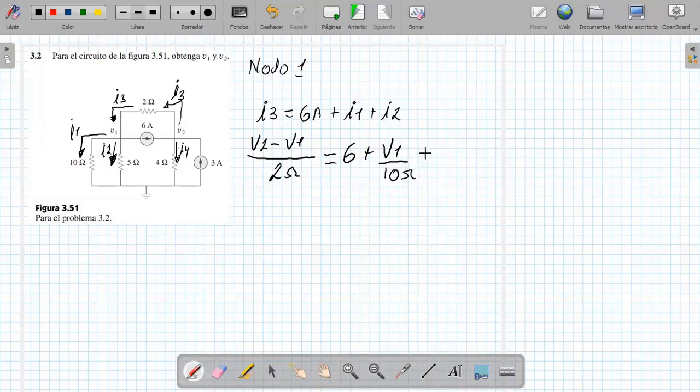We could omit the units and in the end we put them here in the result. Then add the current I2, which is the voltage V1 again over 5 ohms. Ready. Now, this will leave us with an equation of 2 unknowns. So I'm going to leave the variables on one side and the constants on the other side.